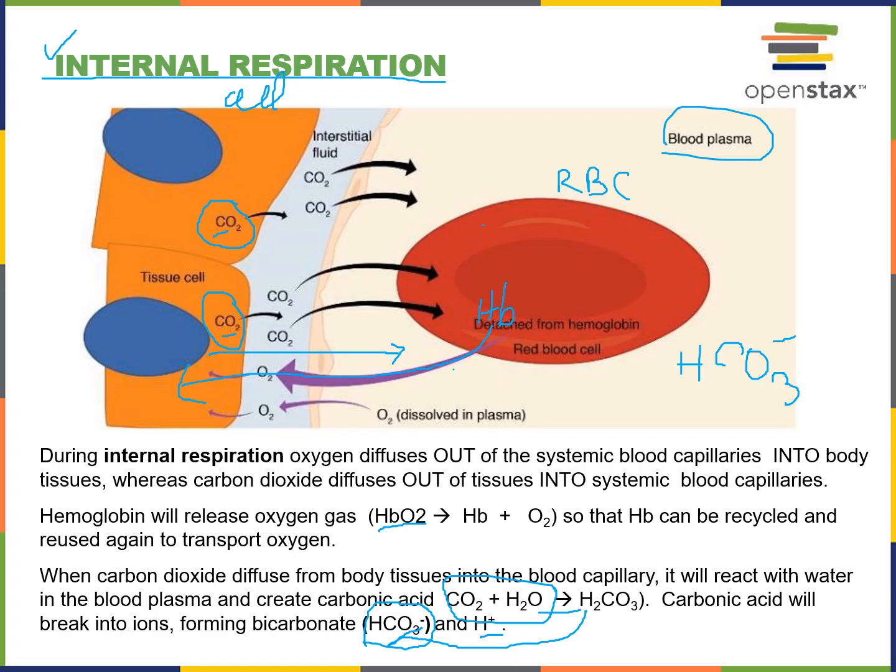So in internal respiration, oxygen is unloaded from blood and it goes into the tissue cell, and carbon dioxide moves from the tissue cells and is loaded into blood. And that's the blood we call deoxygenated blood or carbon dioxide rich blood.